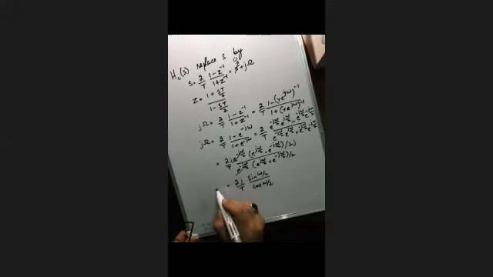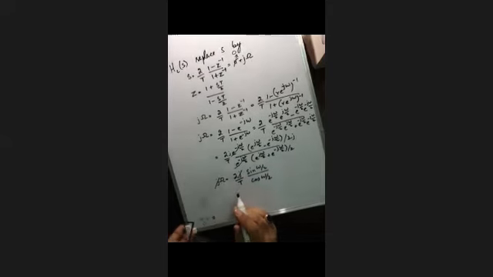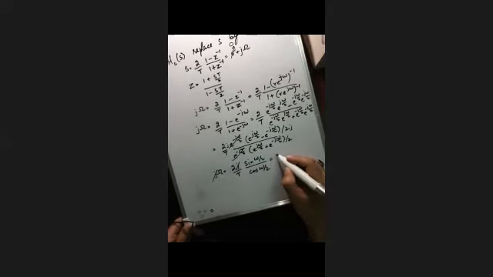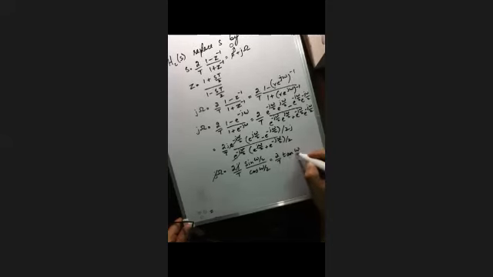So this is actually j omega. Now these j's can also cancel with each other, and you have this as 2 over T tangent of omega over 2.